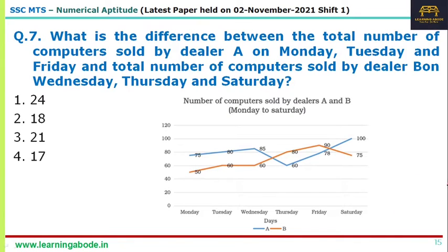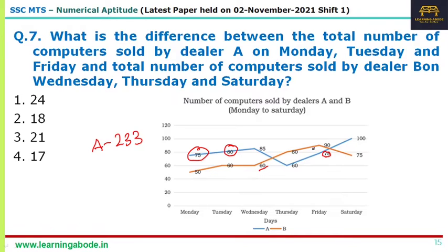Monday is 75, Tuesday is 80, and then Friday number of A is 78. So A total is 233. And then B on Wednesday, Thursday and Saturday.